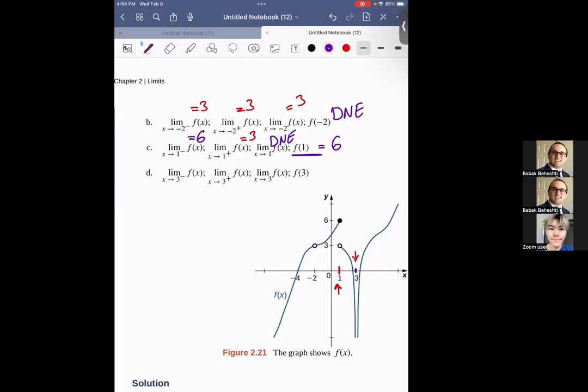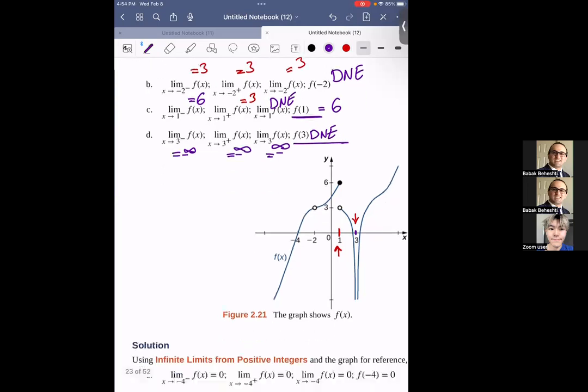Both are negative infinity. So we say that the limit of f of x as x goes to 3 is negative infinity. But f of 3 does not exist.